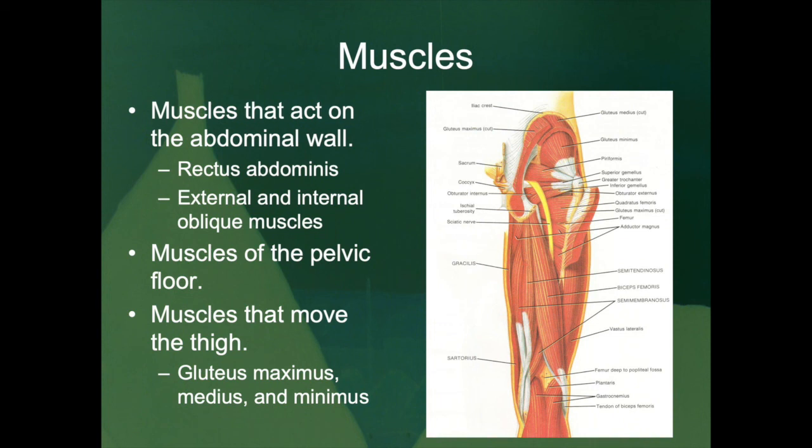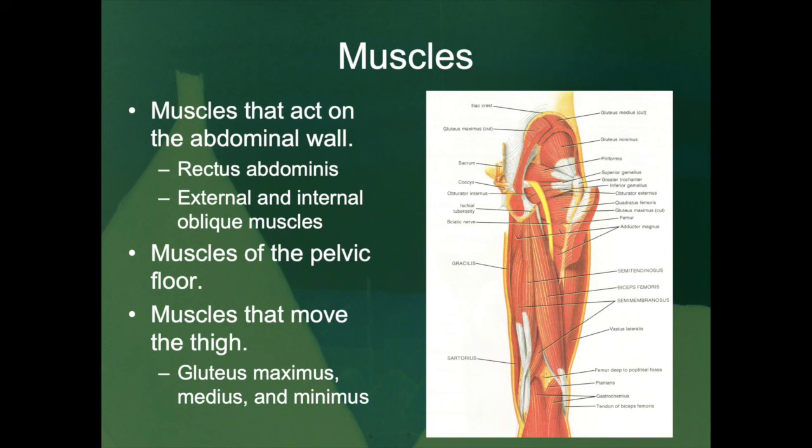And then the gluteus medius and minimus. Now the medius and minimus both originate with the ilium. So the iliac crest, gluteus maximus, the medius and minimus, the ilium. And these two will insert with the greater trochanter of the femur itself.